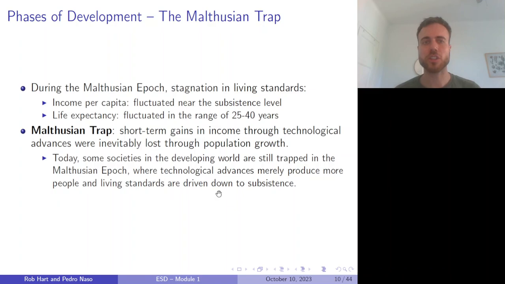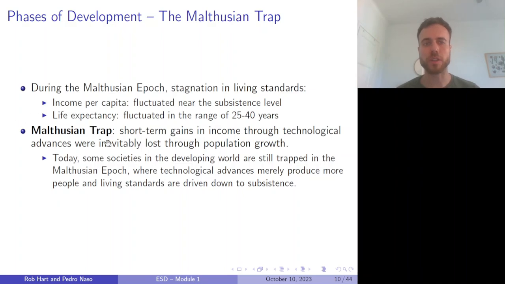So let's define more precisely what we mean by the Malthusian trap. We have already seen that during the Malthusian epoch, stagnation in living standards was the norm. Income per capita fluctuated around the subsistence level, but never really took off. And life expectancy fluctuated around the range of 25 to 40 years. As I said before, it was mostly 30 to 35 years most of the time.